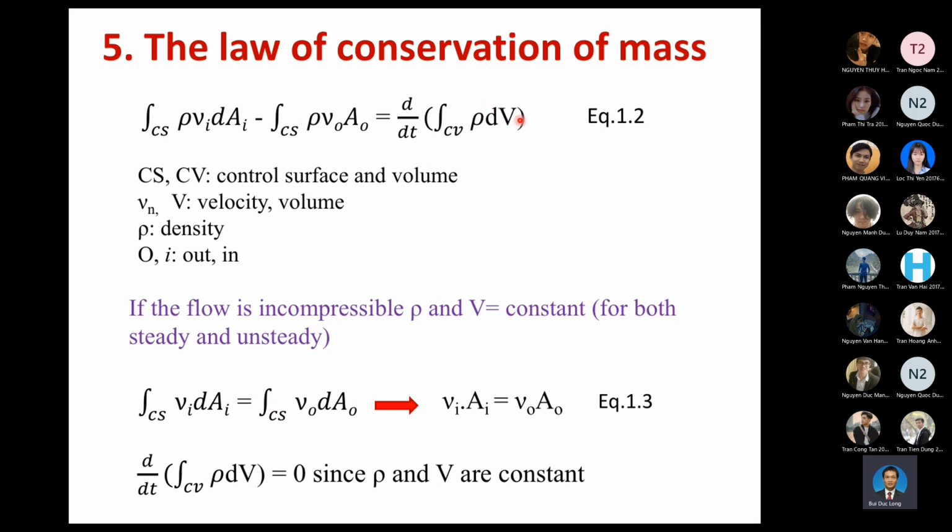And because V is constant, all of this term will be 0. So you can have this formula. From this you will have V_I multiplied with A_I equal to V_O A_O.